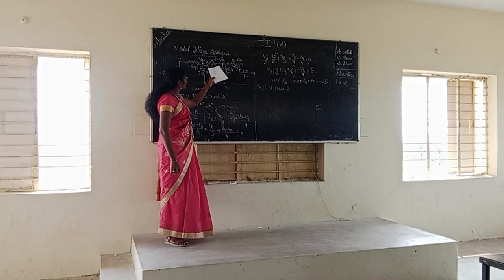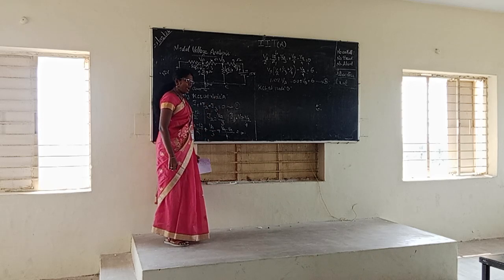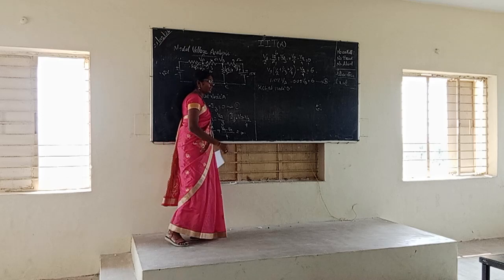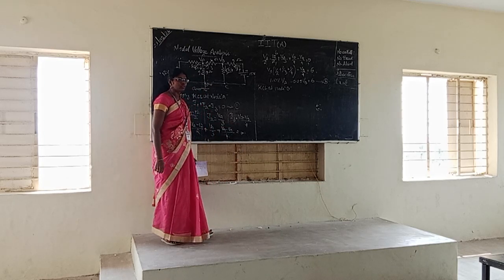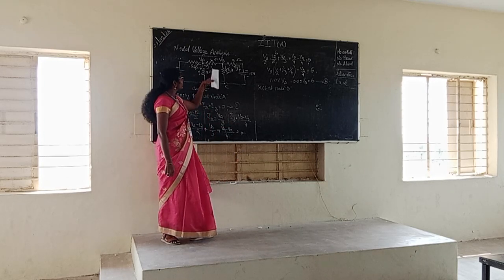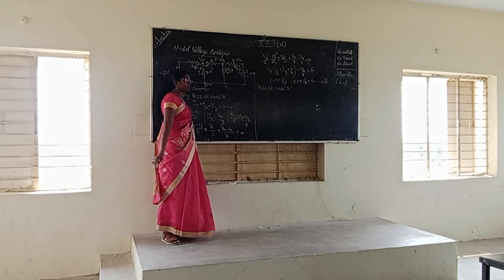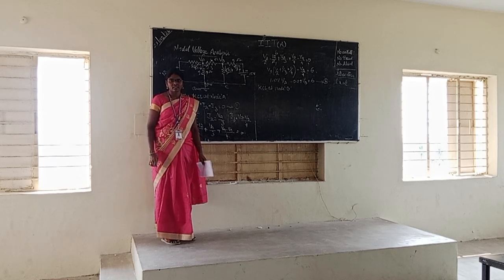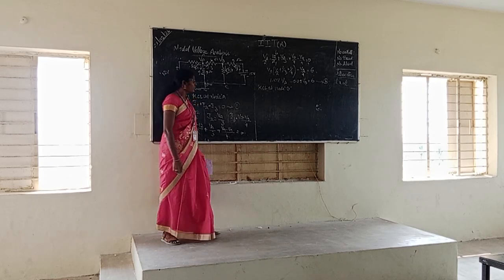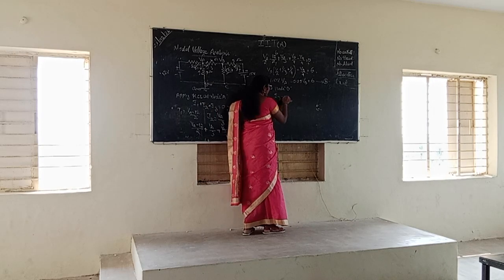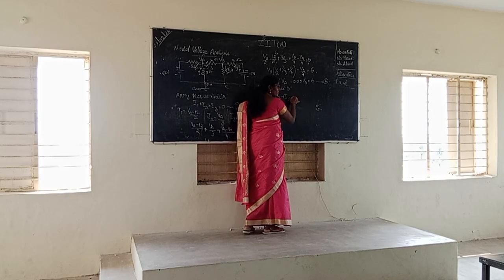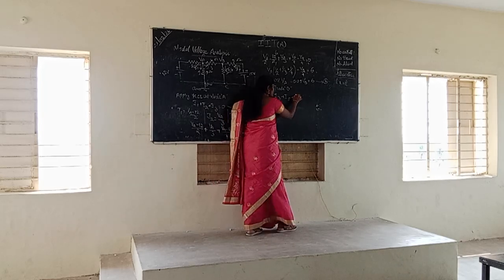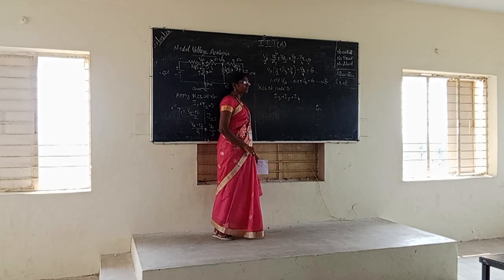How can we write that? Entering currents are I3, and one more entering current is I5. The leaving current is I4. So shall I write it like this: I3 plus I5 equals I4?